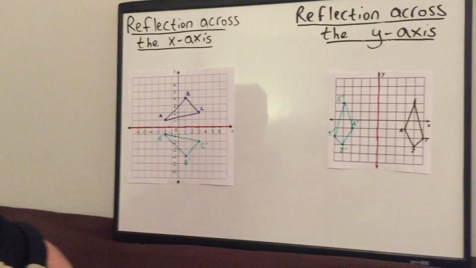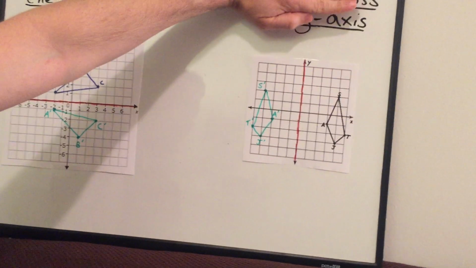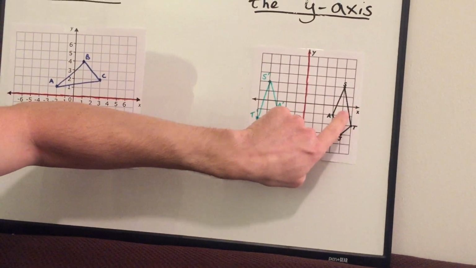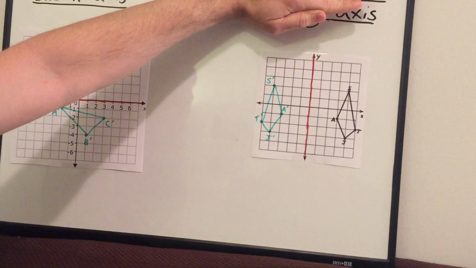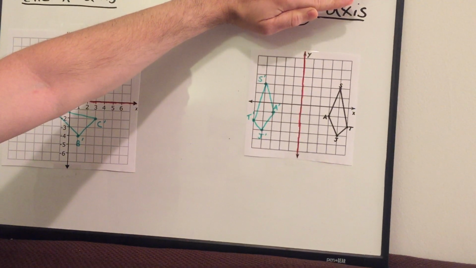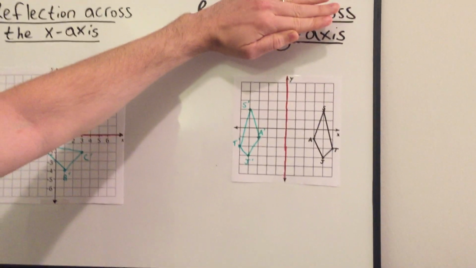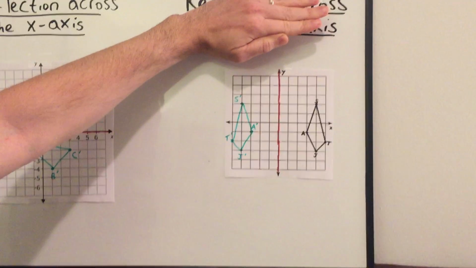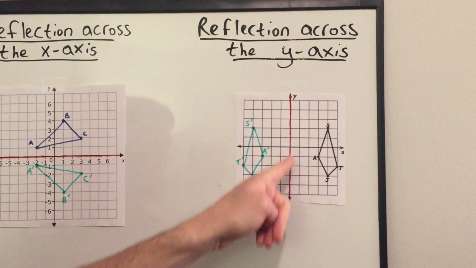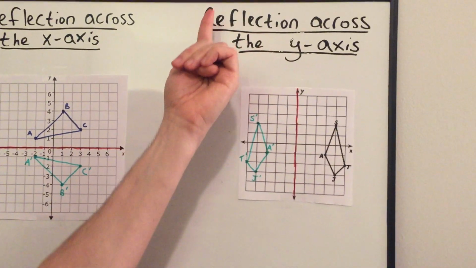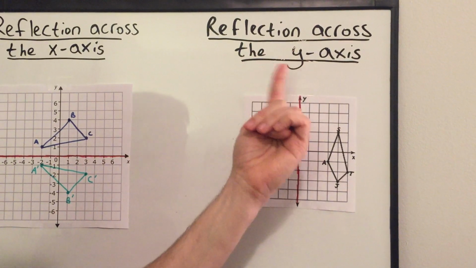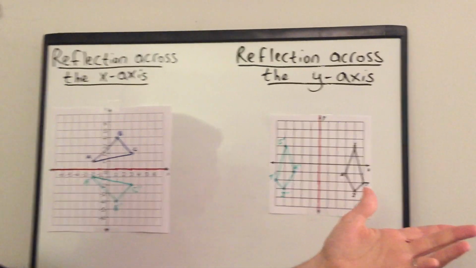So what you're going to do here is you may just have like an image where it shows you the pre-image and the image, and it says write the rule for reflection. Well, all I'm looking for is where does it look like it's reflected across. So if I looked at the one we just did, it looks like it's reflected across the y-axis. So all I would do is say it's reflected or a reflection across the y-axis. That's all you're going to write.